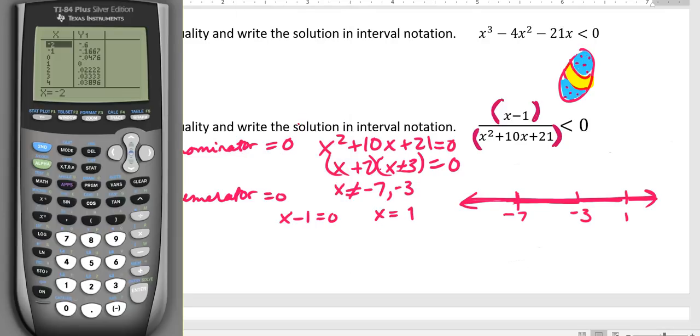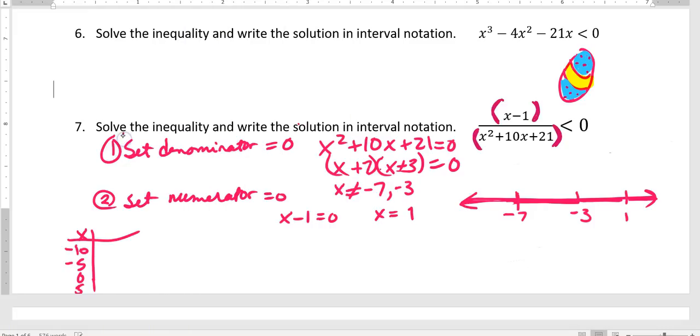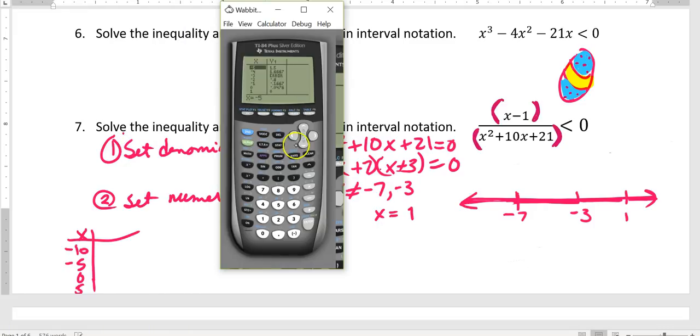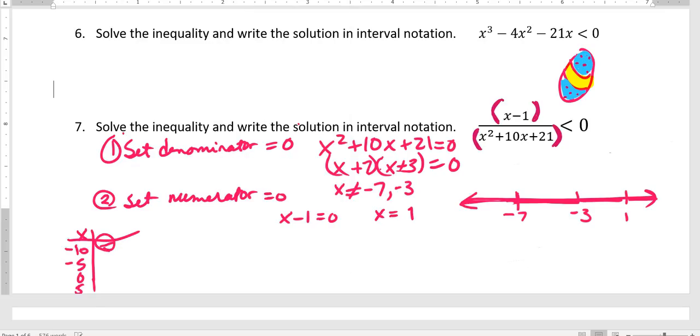At negative 10, you see I get a negative number, negative 0.5238. I don't really care about the number. All I care about is the negative part of it. It's negative here.